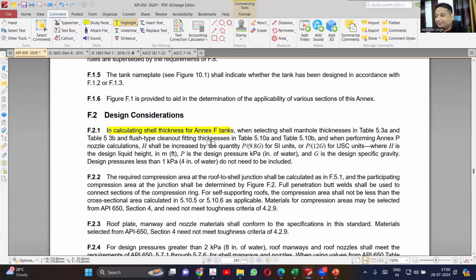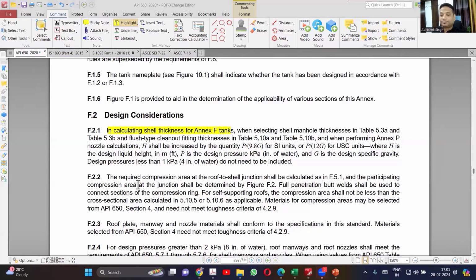We have already seen that: converting that pressure into static head, H, and getting it added. So if there is an internal pressure, add that in the total height and do the calculation using the same general design principle, basic design. And even for the selection of the nozzles, thickness and all, we'll be doing that.